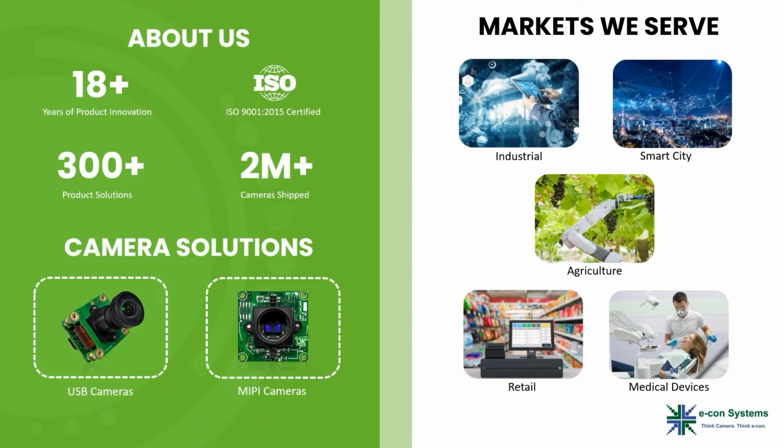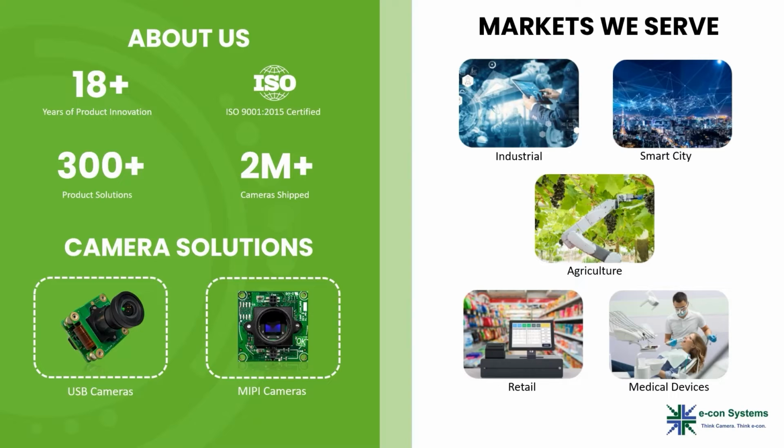Econ Systems is a leading manufacturer of OEM camera products and embedded vision solution provider. We have been in the field for the past 18 years with more than 300 customers using our cameras in their products. Econ Systems is an ISO 9001:2015 certified company and we have shipped over 2 million cameras across the world.